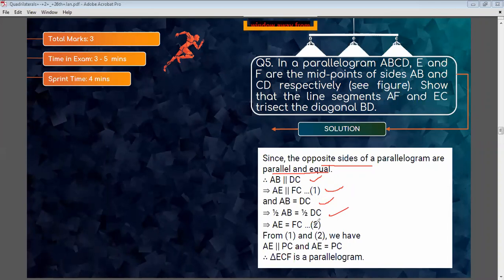If we do that, we get half AB, that means AE, and half CD, that means FC. We make it as an equation, and from equations 1 and 2 we get parallel and equal, and that means it is a parallelogram.